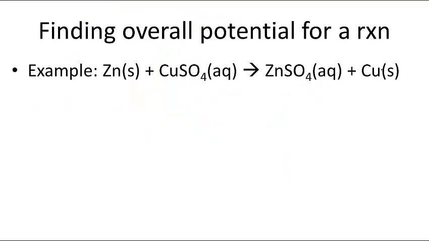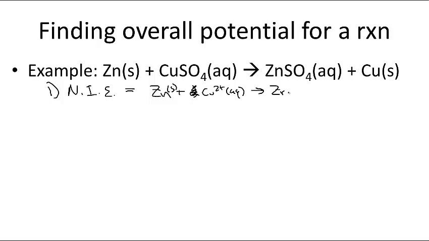Okay. So finding the overall potential for a reaction. Step 1, net ionic equation, which we've already done. Not copper sulfide. All right.